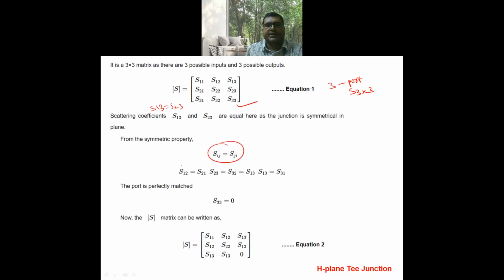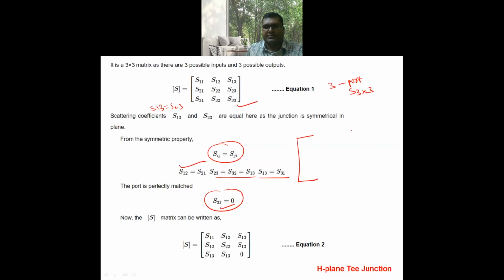You can observe the symmetric matrix property. And one more assumption we are going to take is that port 3 is perfectly matched with the junction, meaning if the impedance is perfectly matched between the microwave junction and source, then there is no reflected power. So this can be indicated by S33 equal to 0.